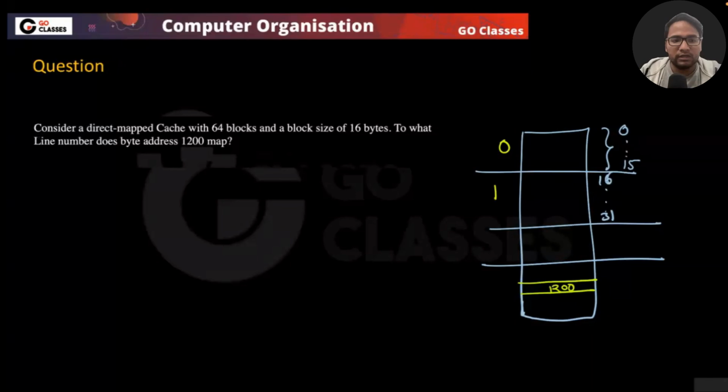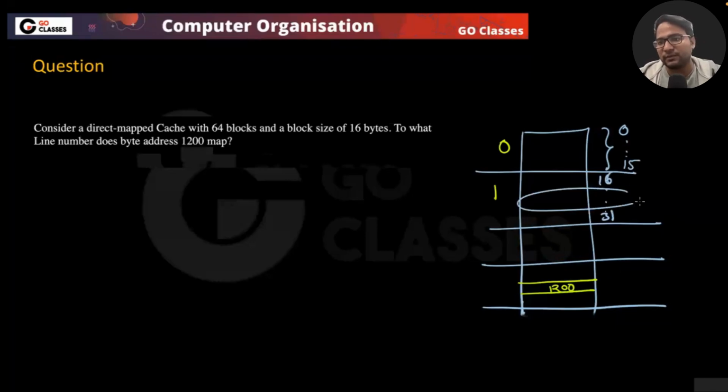So where does 1200 reside? In which block? They're just asking for the block number. You can just divide and take the floor. From these examples, for 18 we say 1, for 19 we say 1, for 20 we say 1, so divide and take the floor.